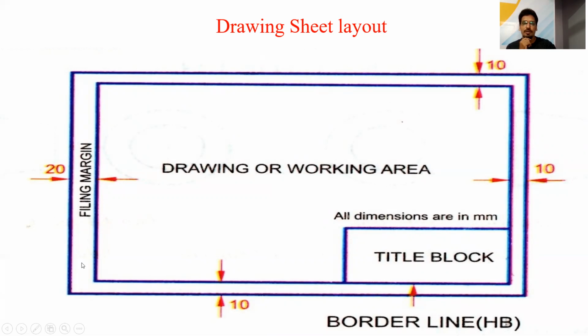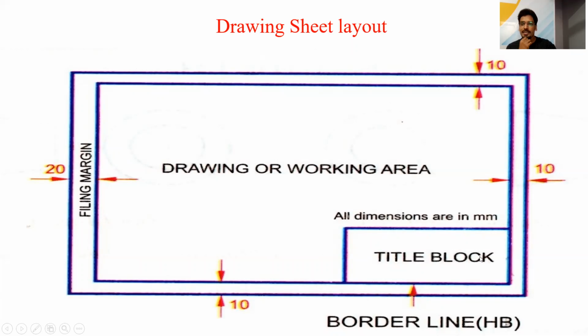This is because we have to fix the drawing sheet in a file with respect to the left side. So this margin should be greater. It is 20 mm, and on the other 3 sides it is 10 mm.